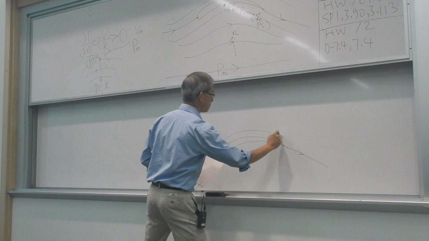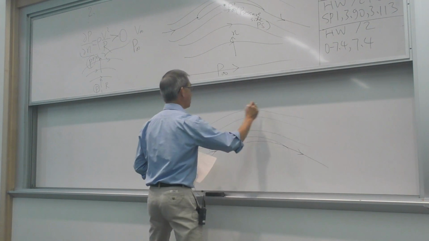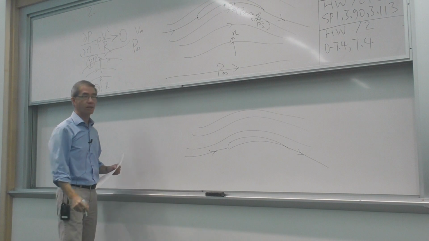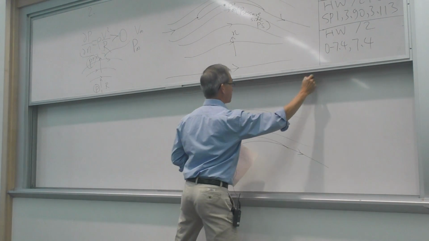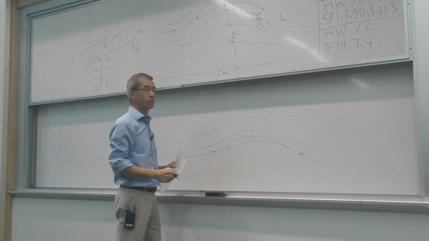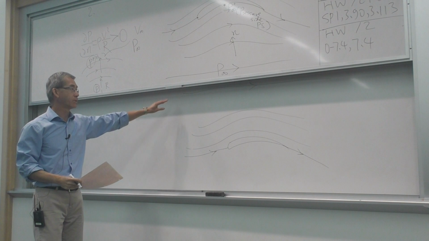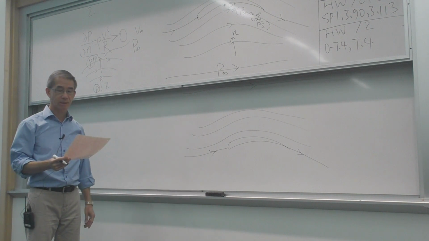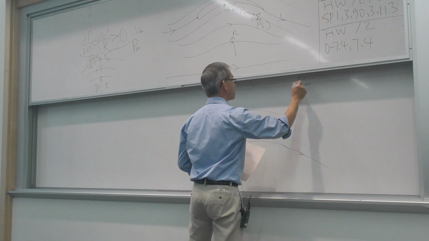Let's not worry about the lower half because we're done with it. When I go far, far away from this airfoil on the upper side, like half a mile, the flow will not see and feel the presence of that airfoil, and for that far away streamline it has to be straight and parallel, which is P infinity. Same as the lower one.